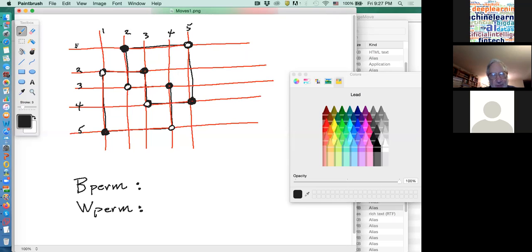Now the black permutation. Row 1, row 2, row 3, row 4, row 5. And what do I see? I walk from row 1 and I see it goes to 2. Row 2, 3. Row 3, 4. Row 4, 5. And row 5, 1.